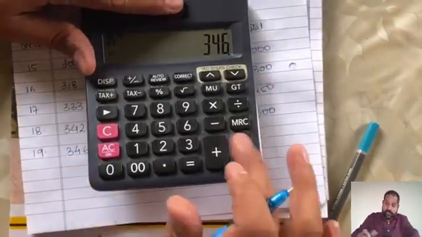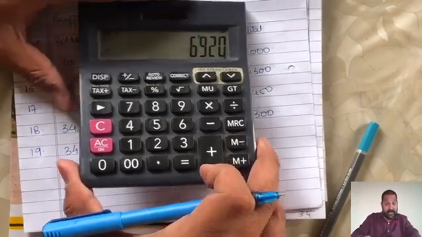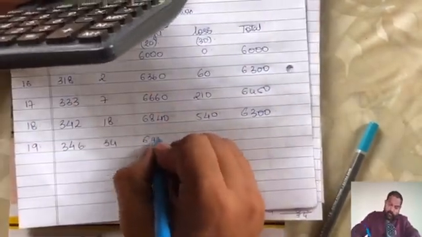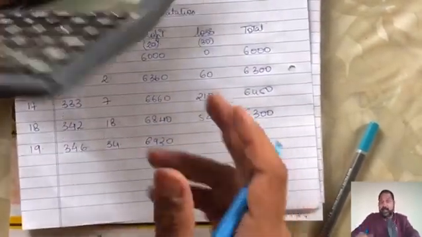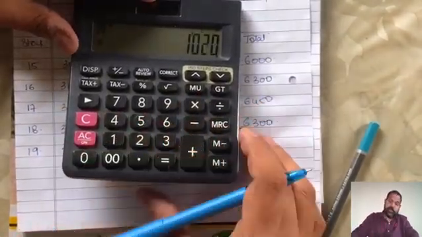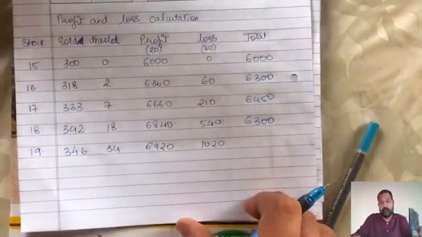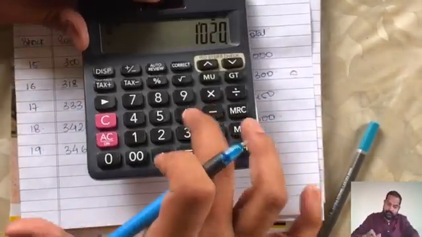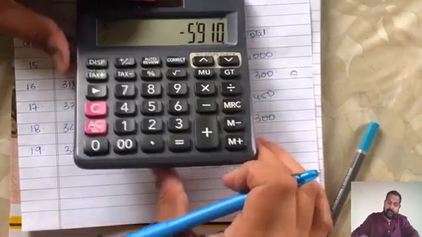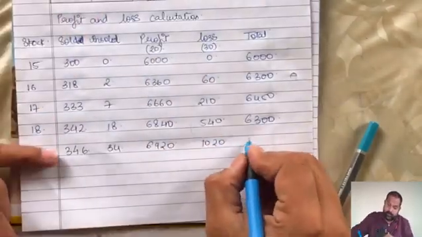The 346 sold will give me a profit of 20 each, which is 6920, very good profit. But the 34 unsold will be a loss of 30 per book, which is 1020. Give and take is going to be a profit of 5910.